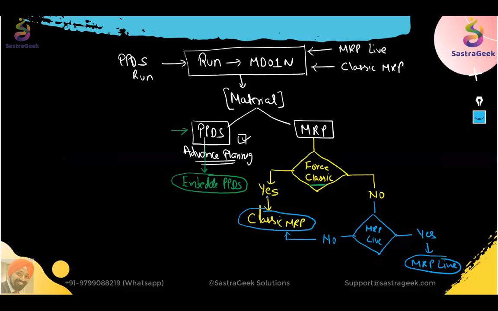If the force classic indicator is there, it will do the classic MRP. If the force classic indicator is not there, then it will check whether the scenario is supported in MRP Live. If it is supported in MRP Live, then the system would be running MRP Live. So three kinds of runs are there: embedded PPDS, classic MRP, and MRP Live. And this is the logic by which the system identifies which one needs to run.